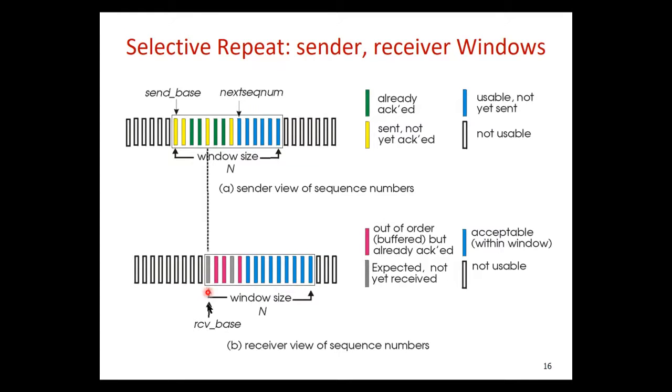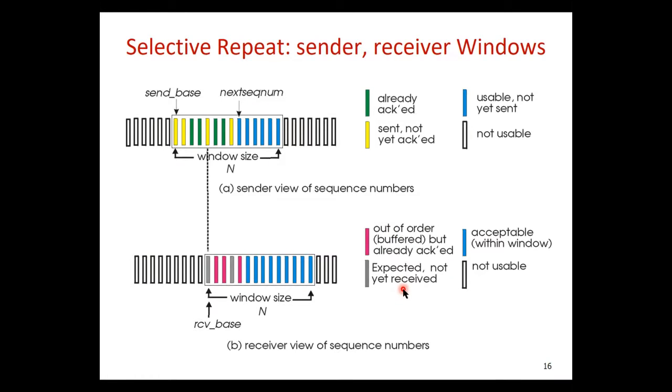In this example, it is 9. Let's look at what we have inside the window. We have three types of packets. We have the ones that have been received okay, but out of order, and that have been buffered. That is shown in purple here.